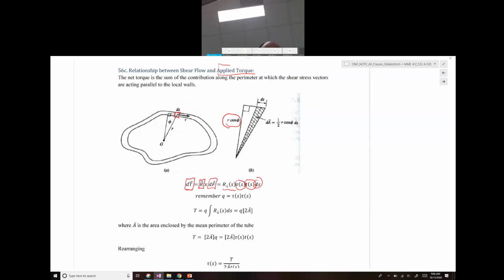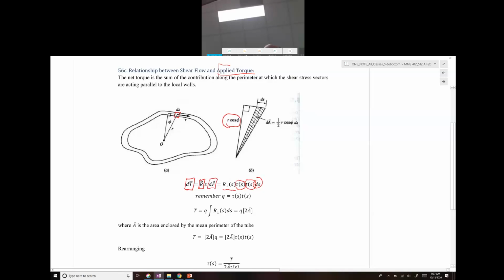So that gives us an equation to relate our torque and our shear stress along the side of the tube.